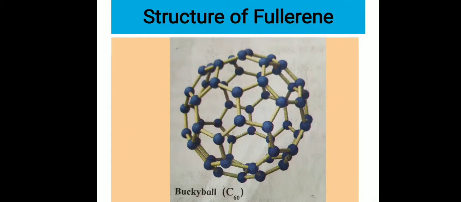It is the roundest and most symmetrical large molecule made up of 60 carbon atoms arranged in a series of interlocking hexagons and pentagons, forming a structure that looks similar to a soccer ball. You can see here the structure like a soccer ball. Always remember that Buckminsterfullerene C60 is always like a buckyball.